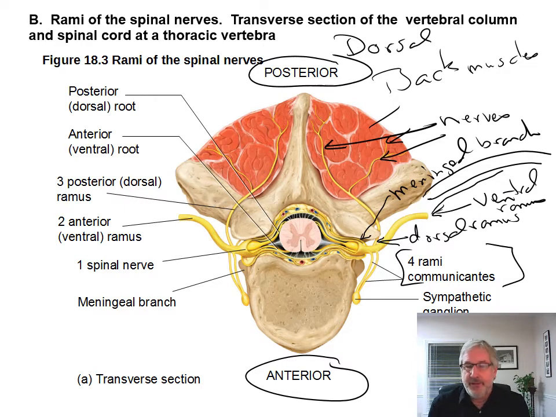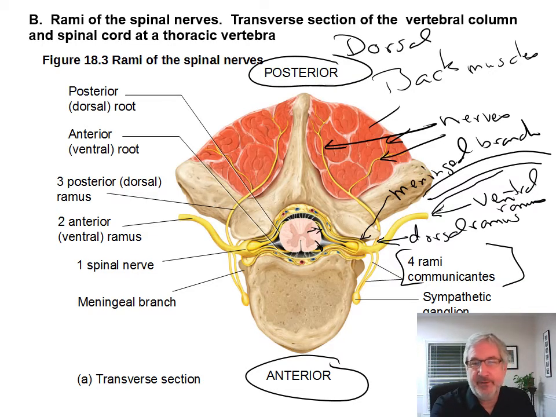So you can see that you have the dorsal root ganglion. So this right here is the dorsal root, and this is the ventral root right there. Okay. And here, I have it labeled on this side.